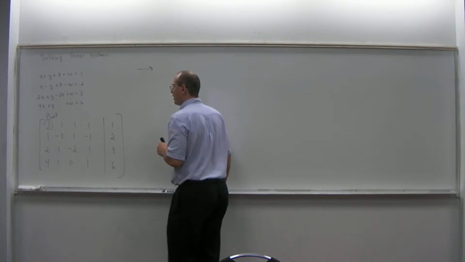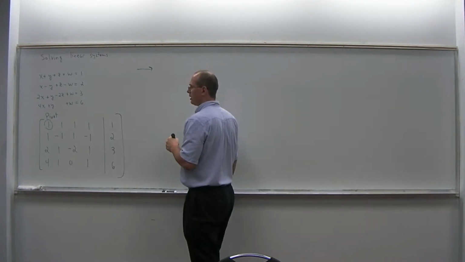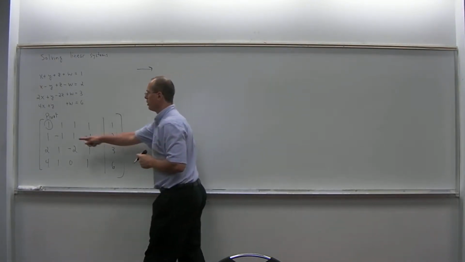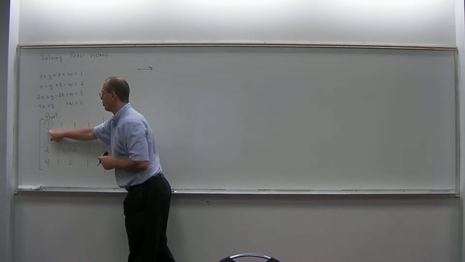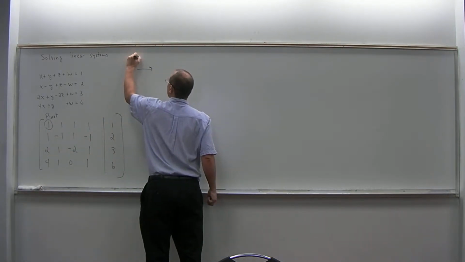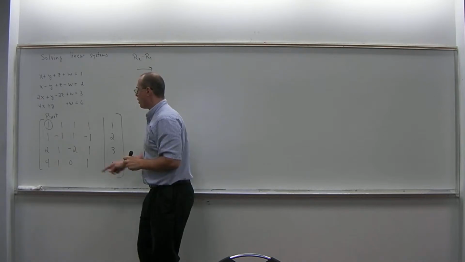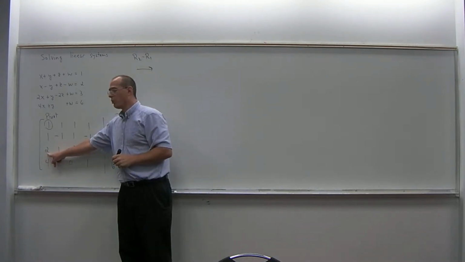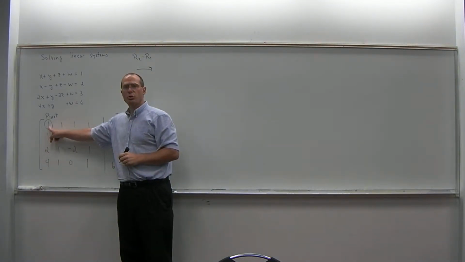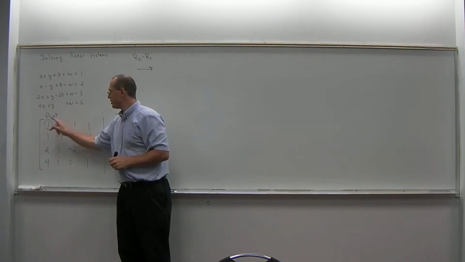So the first operation that I'm going to do is row 2 minus row 1. And while we're at it, we're going to do row 3 minus 2 times row 1, because 2 minus 2 is 0.